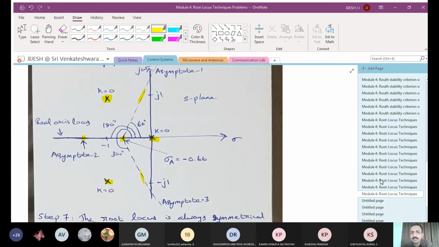Because you have complex poles. That is very important: when you get a problem, you should think about whether to find the angle of departure. In the past three problems we have not found the angle of departure. Why this problem? Because you have a complex pole, so you need to find the angle of departure.